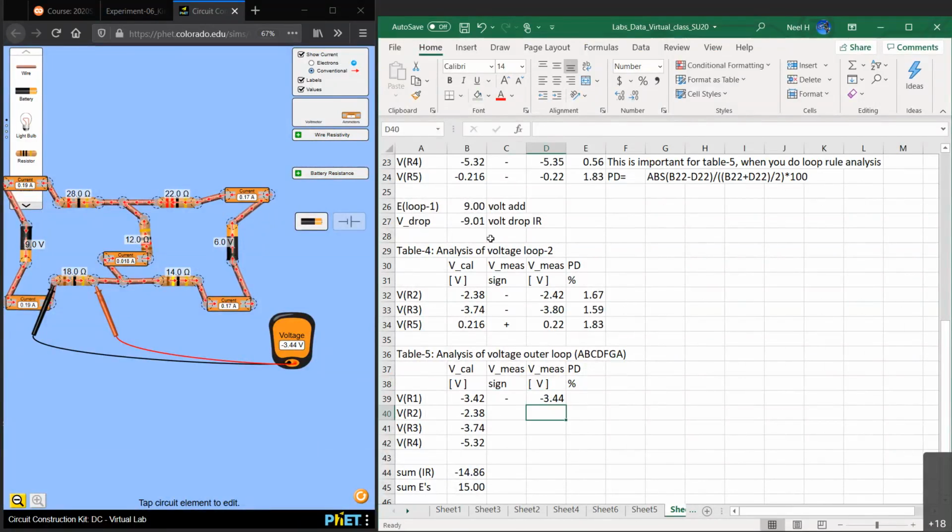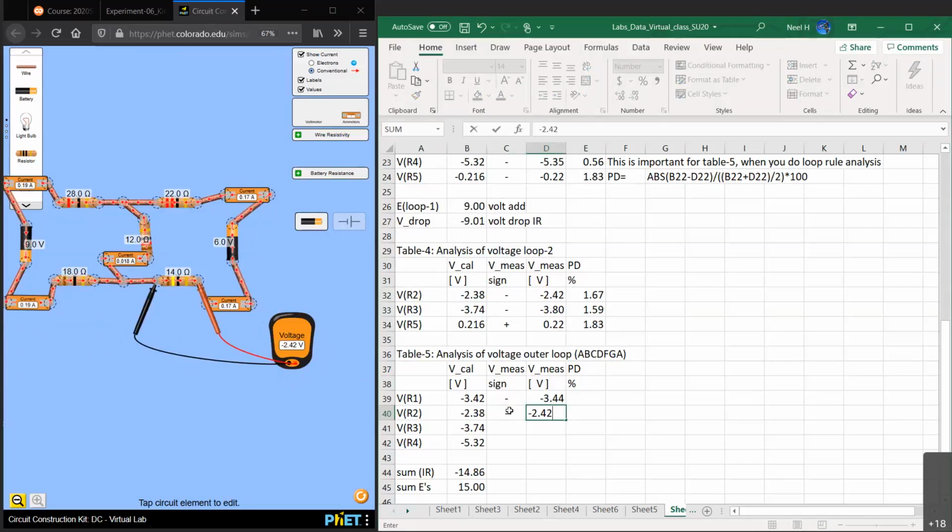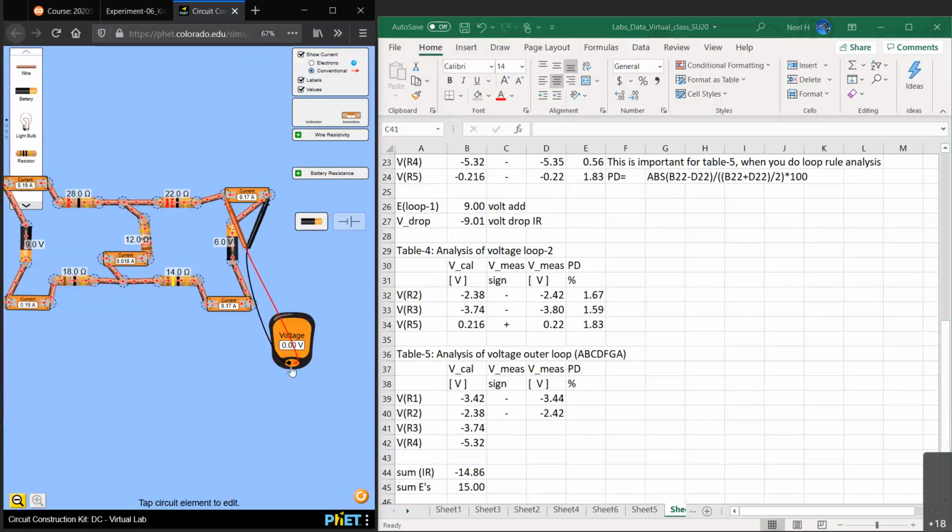Those numbers you measured earlier, actually you can directly extract too, but let's measure it again. And then across here, positive probe should be there, negative probe should be here. Negative 2.42, sign negative, value negative 2.42. Okay, then next one, positive should go first, negative should come behind.